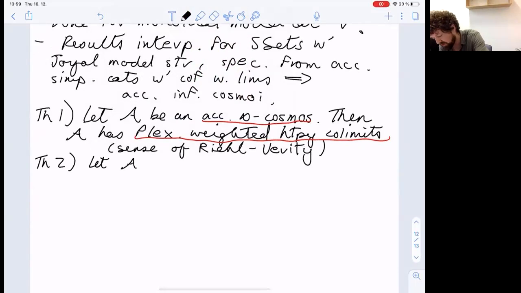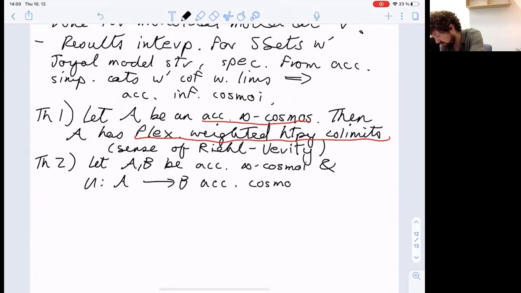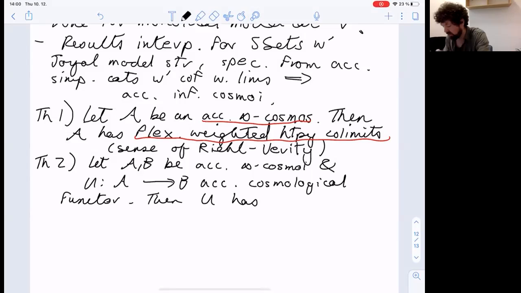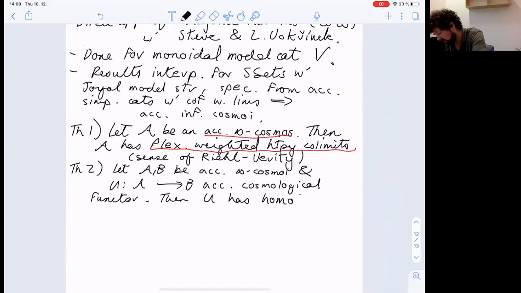So let me tell you the adjoint functor theorem. Suppose we have accessible infinity cosmoi and an accessible cosmological functor U. Then U has a homotopical left adjoint, in the sense I will say now.